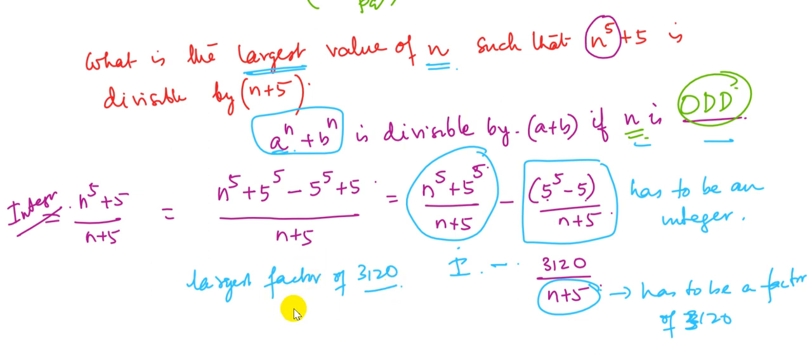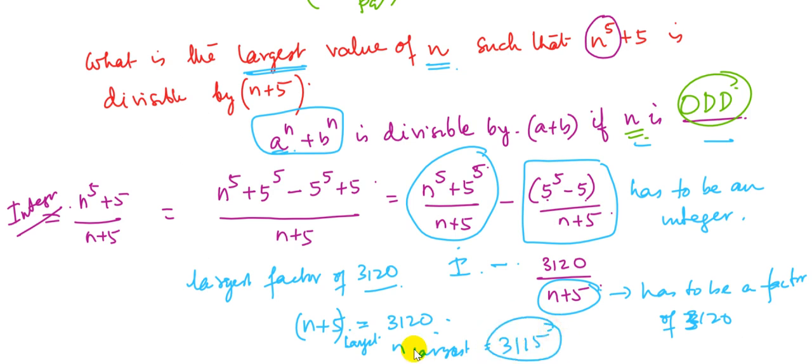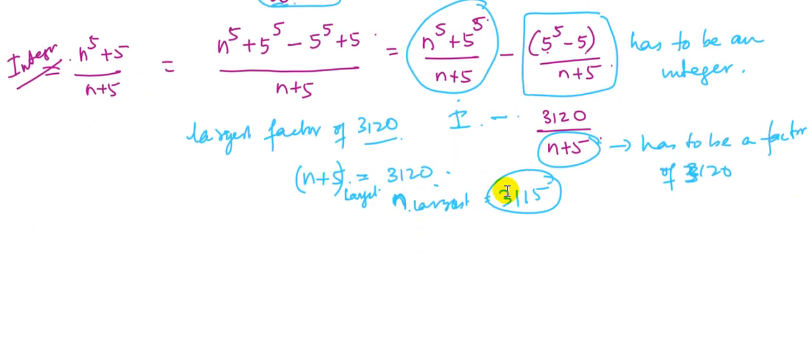So the largest value of n plus 5 will be equal to 3120. So n largest will be 3120 minus 5, which is 3115. Clear? Yes, sir. Got it.